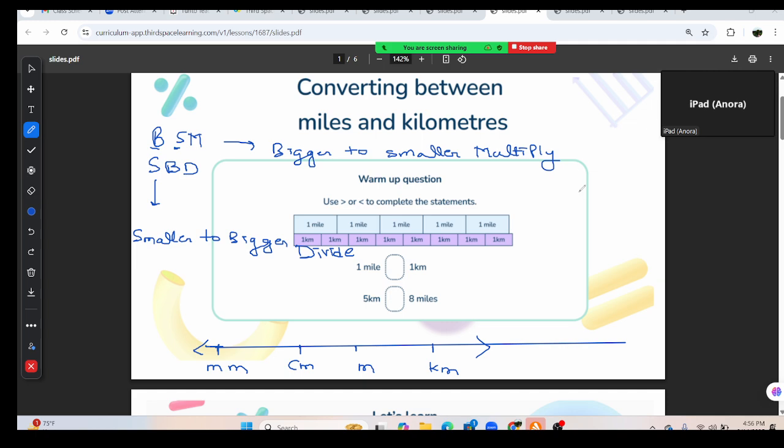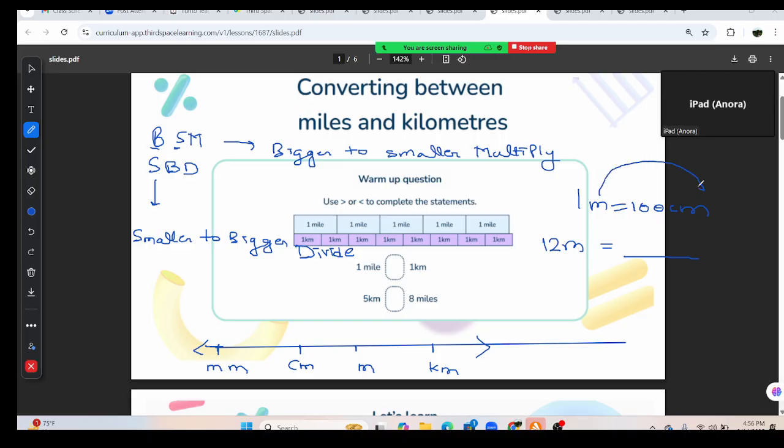We know in 1 meter there are 100 centimeters, right? Now let's suppose, which one is bigger, meter or centimeter? Meter. So suppose the question is asking how many centimeters are there in 12 meters.